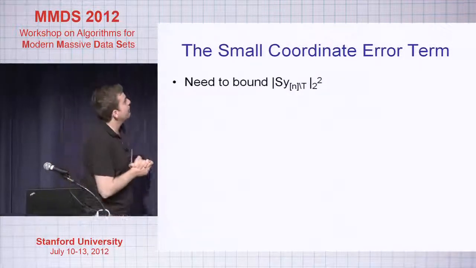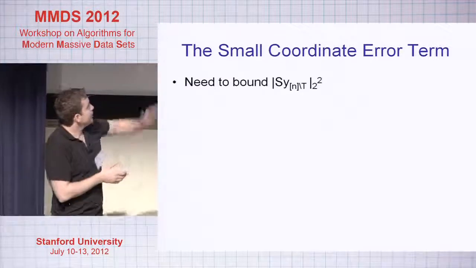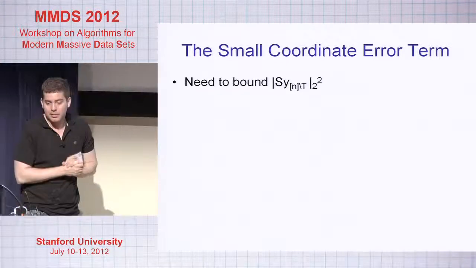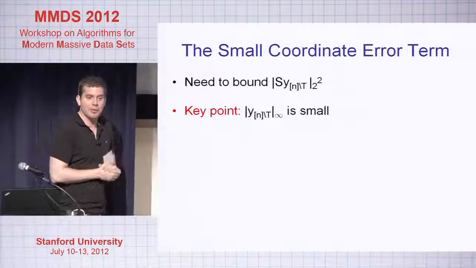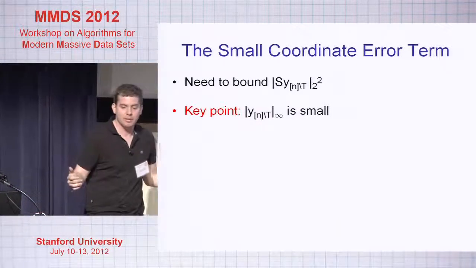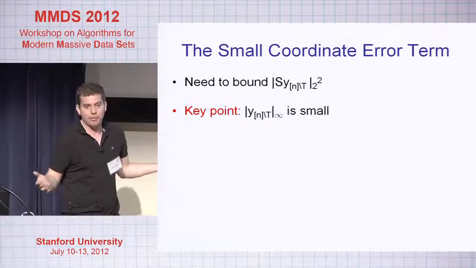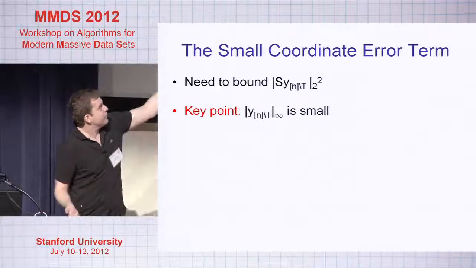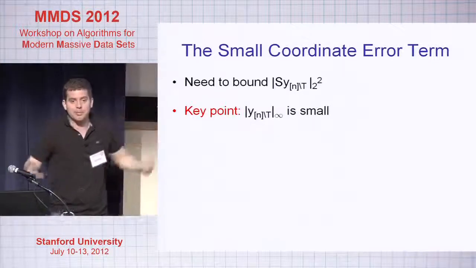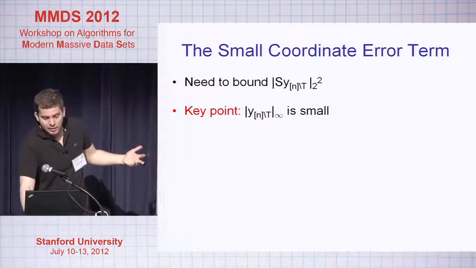Okay, now we need to bound the 2 norm of S y_(n minus T). Now the key point is we've removed all the heavy coordinates from y. That's what y_(n minus T) means. So the infinity norm, the maximum coordinate value, is small.